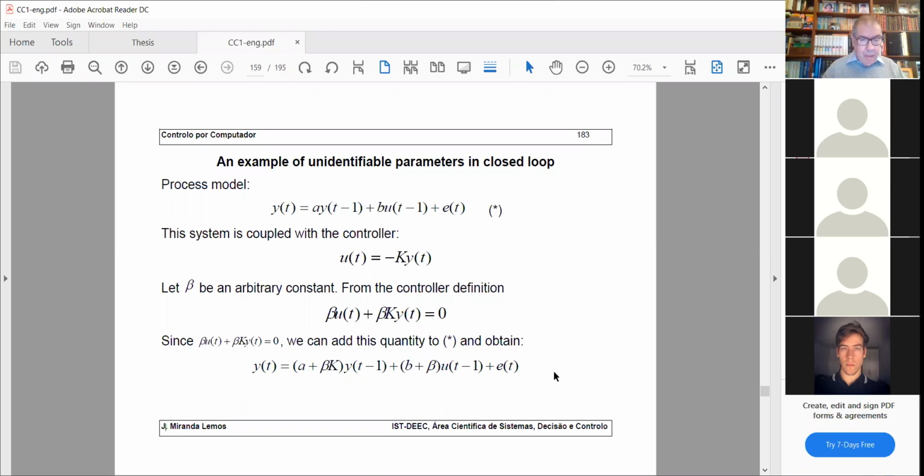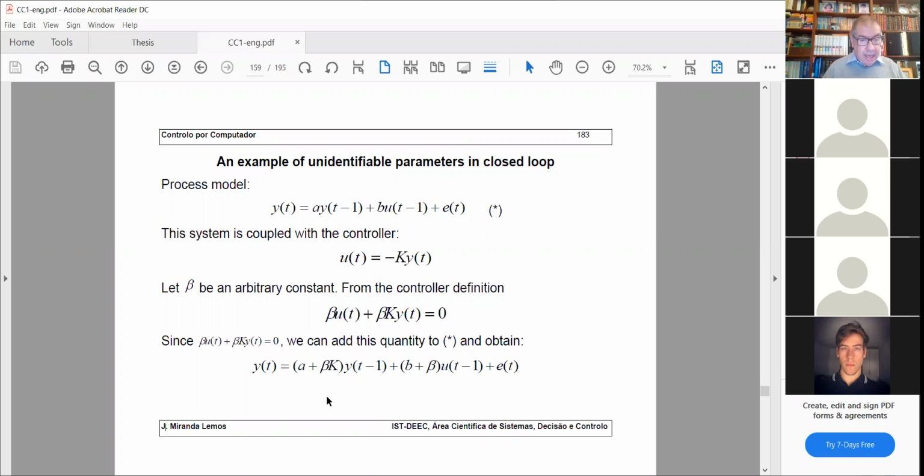Okay? So if you apply least squares to estimate the parameters that multiply Y of t minus 1 and U of t minus 1, you are not going to get the true value of A and the true value of B, but instead anything like A plus BK and B plus beta.